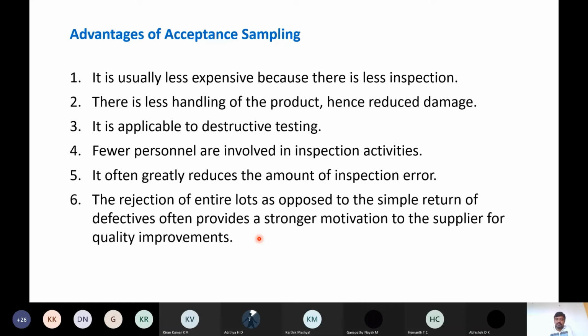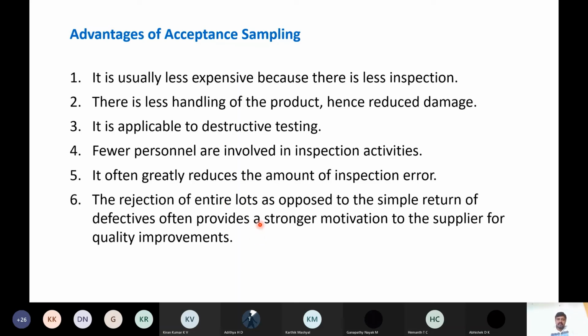Since you are rejecting the entire lot, the company supplying those raw materials or semi-finished components will become very sensitive. They will pay more attention, because if they take a few defectives for granted, you are going to reject them anyhow. They will become quality conscious and will try to supply quality products from next time onwards. That is another advantage.